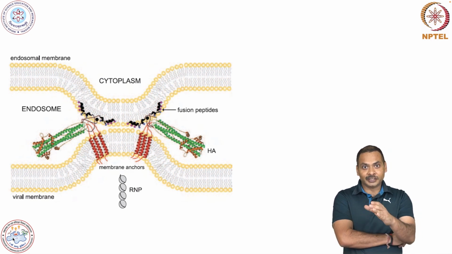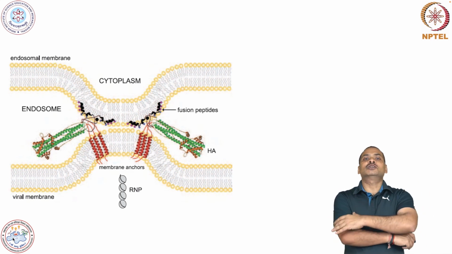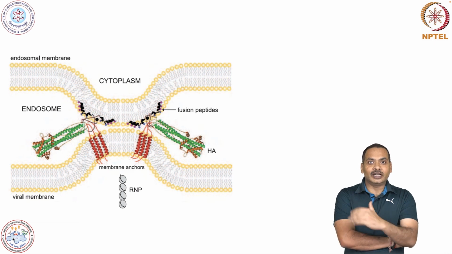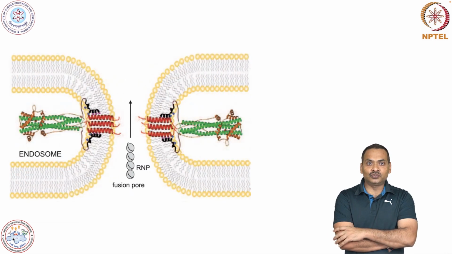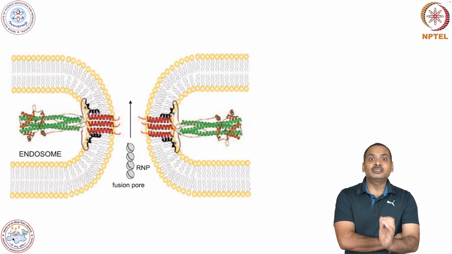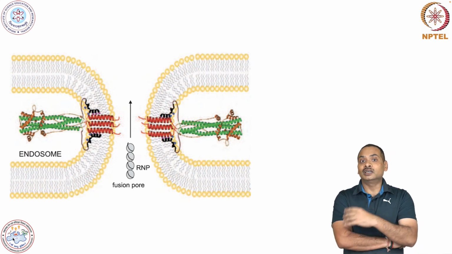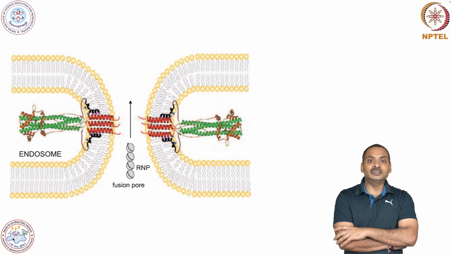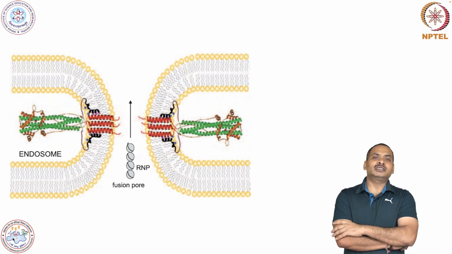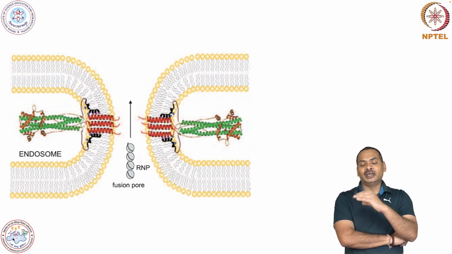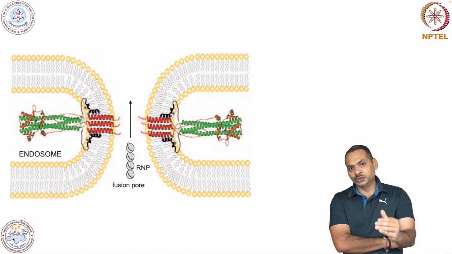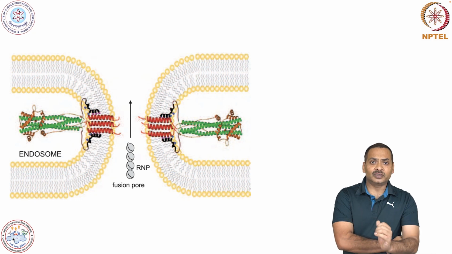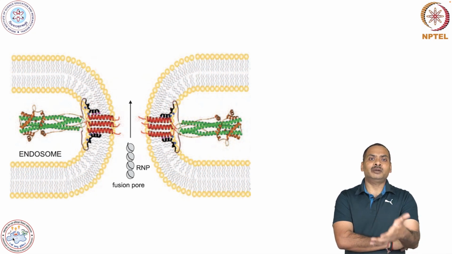Here you can see the open conformation of the HA protein. Once this fusion is fruitful, there will be a translocation of RNP, ribonucleoproteins, from the virus, and then the subsequent steps will take place. I will show you in this session or maybe the next session what happens after fusion.